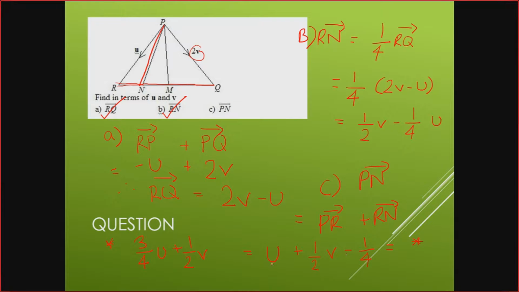Sorry, that's a quarter of U. Since that's 1 U, you're going to have to use your fractions. So 1 take away a quarter is 3/4 of U, and then you have half of V. So that is basically it.